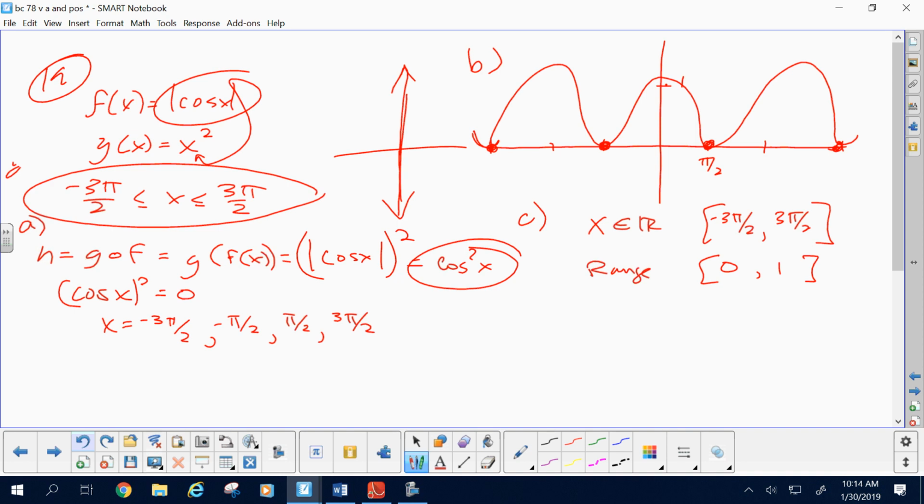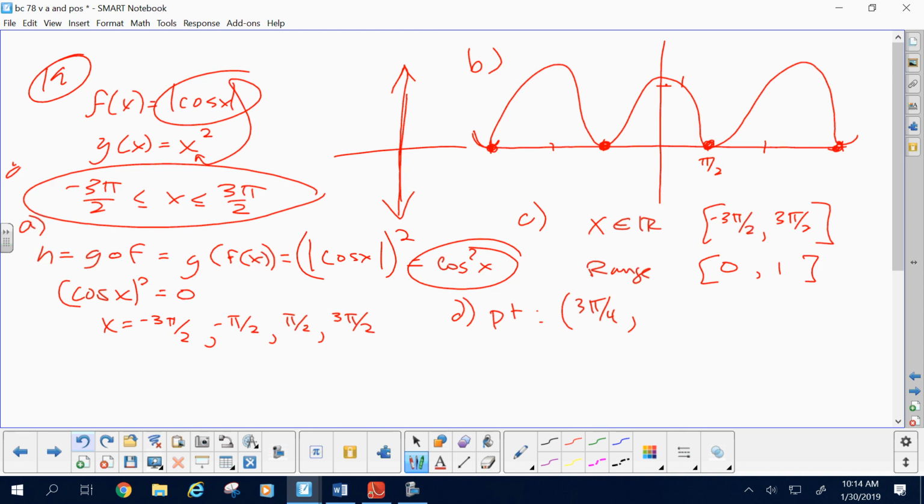Find the equation of the tangent at 3 pi over 4. Tangent line, point. Well, the angle is 3 pi over 4. What's cosine of 3 pi over 4 and then square? So what's cosine of 3 pi over 4?